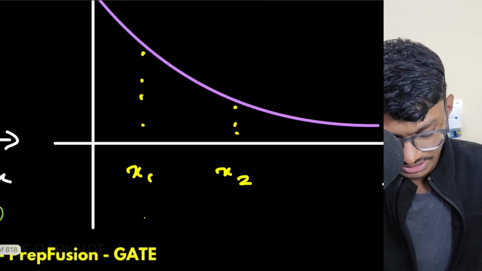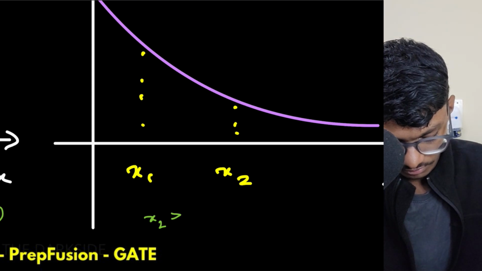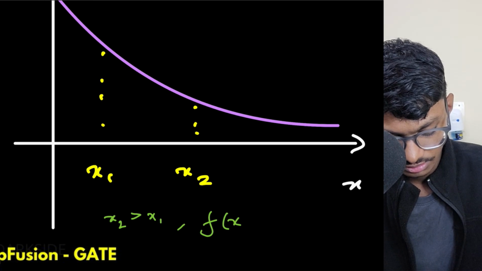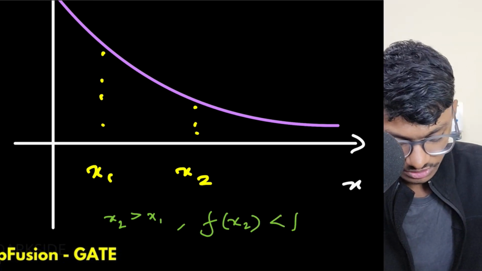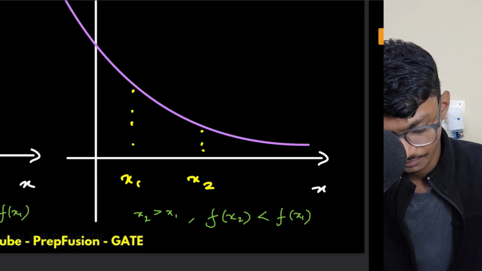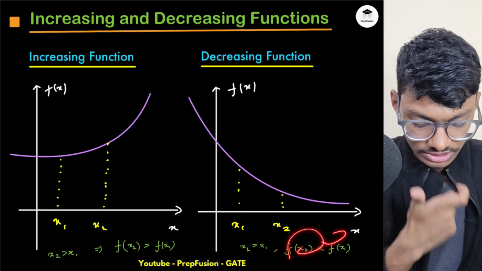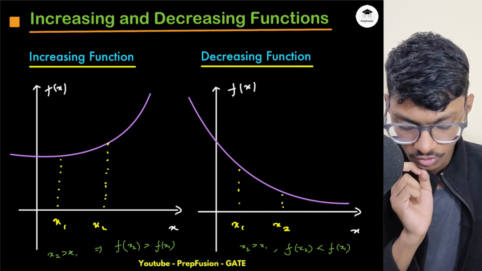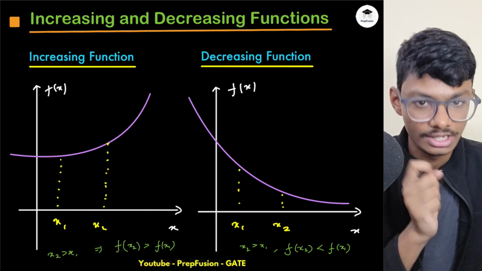And what about this case? As x2 is greater than x1, f of x2 is less than f of x1. The y value reduces while the x value increases, so this is a decreasing function. When the x value increases and the y value also increases, it is an increasing function.